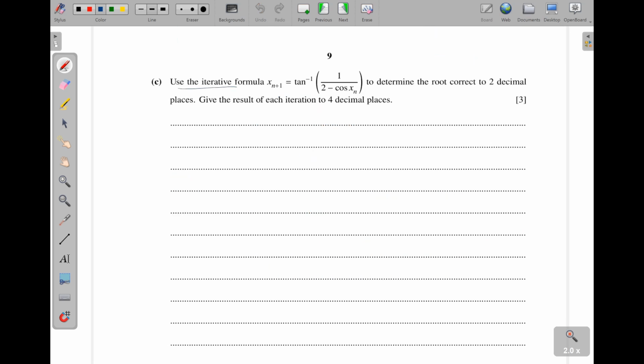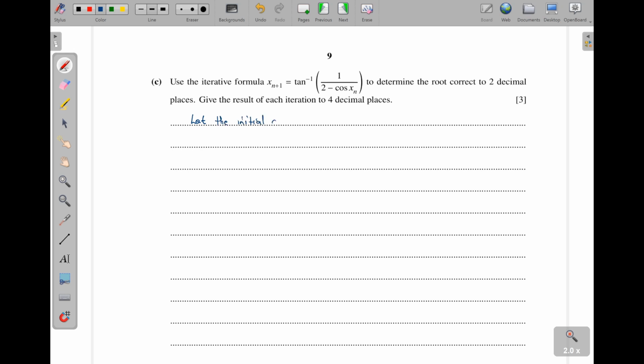Part C, use the iterative formula, this one, to determine the root correct to two decimal places. So what we just have to do, since they told us that the root is between those two values, is find the initial approximation.